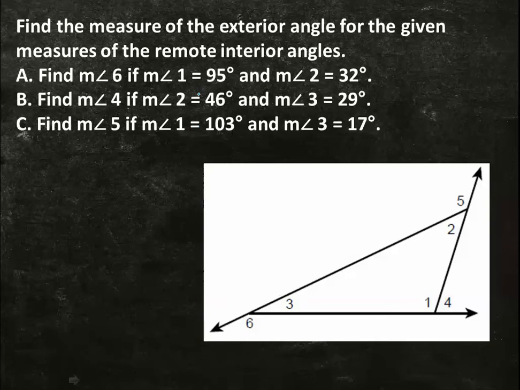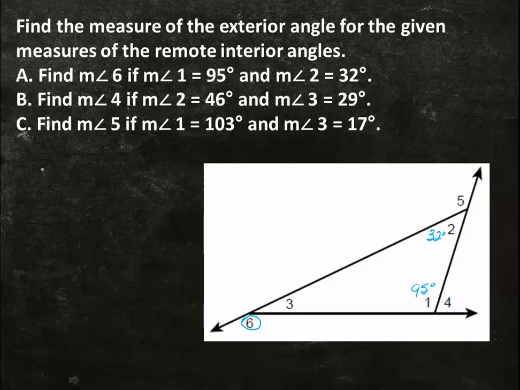Okay, now let's do some math. Find the measure of the exterior angle for the given measures of the remote interior angles. It says find the measure of angle 6 if the measure of angle 1 is 95 degrees and the measure of angle 2 is 32 degrees.